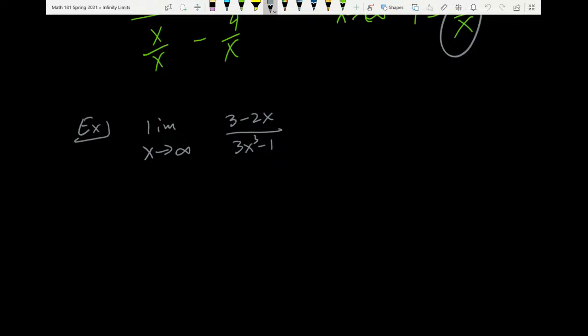All right, so what's the highest degree of the x in the denominator? X cubed. I'm going to divide everything by x cubed, and then simplify it.